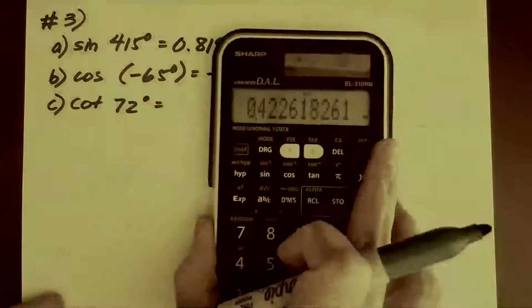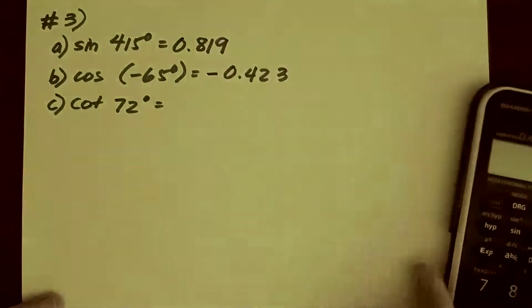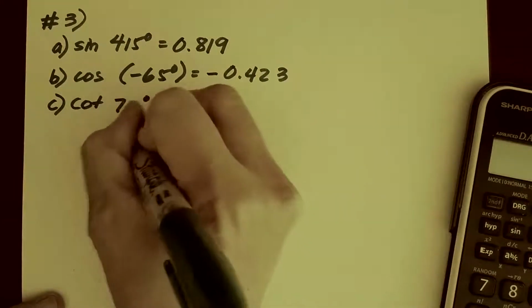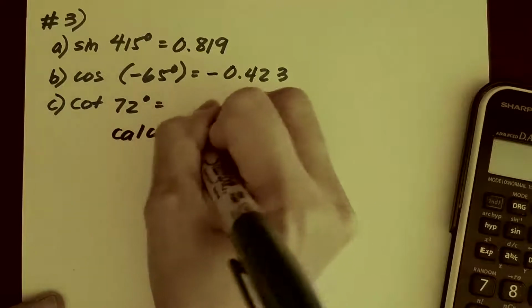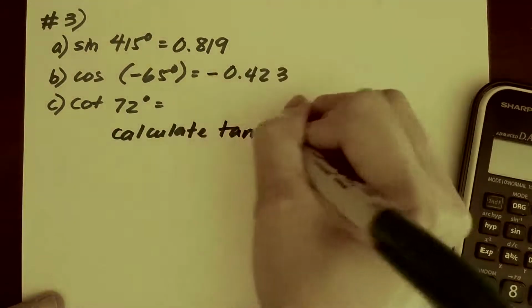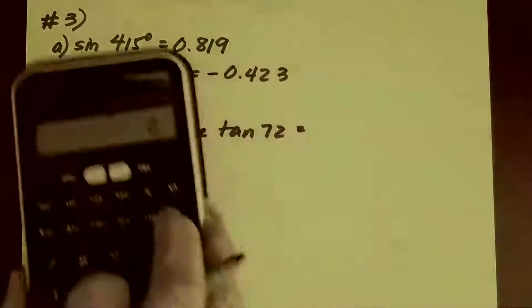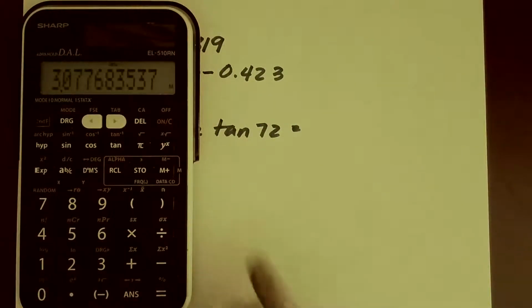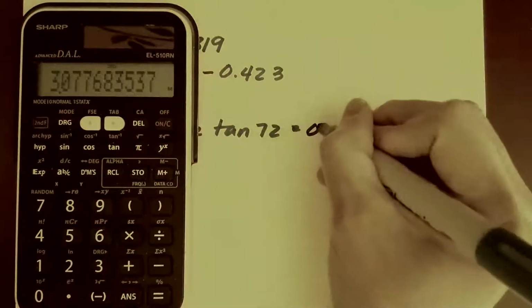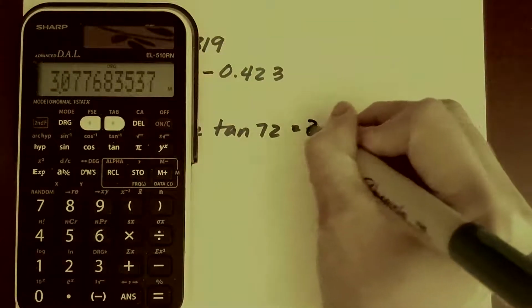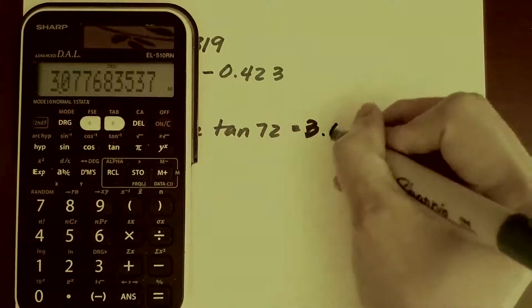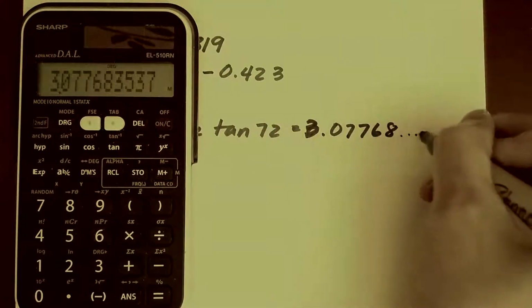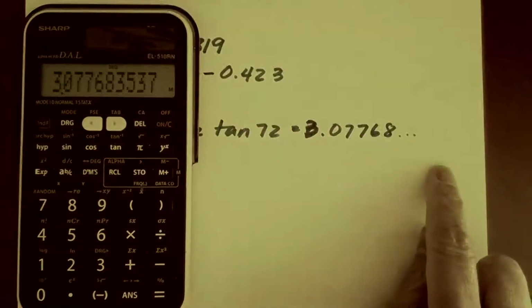So first we can calculate tan of 72, and we get 3.07768, and a whole bunch of numbers after that.